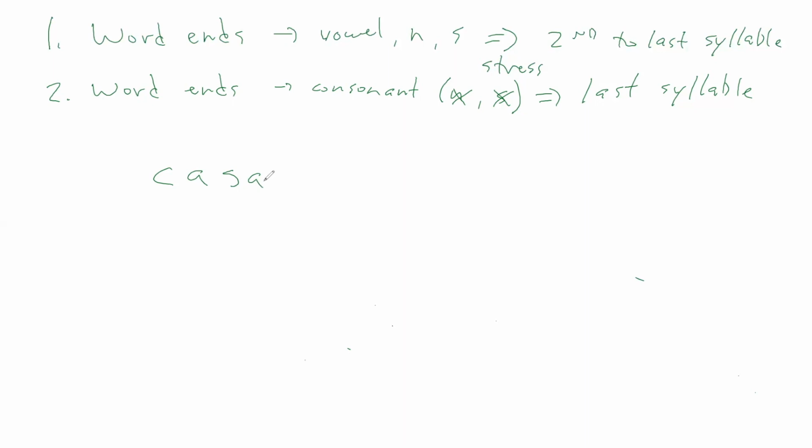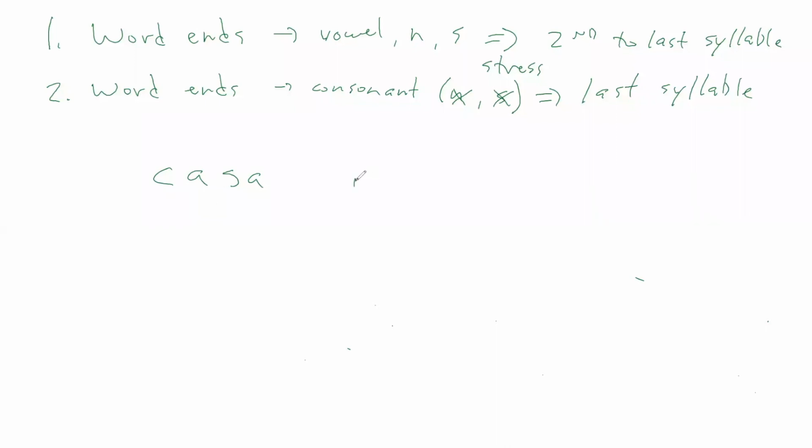It ends in a vowel, so stress is going to be on the second to last syllable, and the word is pronounced casa. If we stressed it on the last syllable, it would be wrong. So great, it's a nice word and follows our rule.